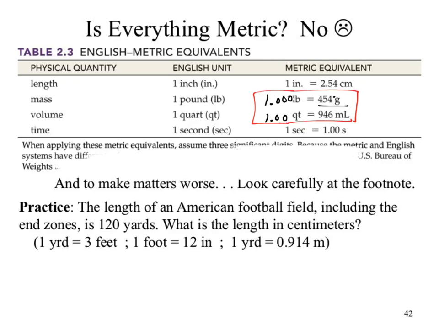The first 3 digits of it will be 454, right? But I need a new sig fig. What if I want 5 sig figs or 6 sig figs? I have to keep looking up new conversion factors. Why do I need new conversion factors? Well, if I want 5 sig figs and my conversion factor only has 3, what happens with my answer? It drops to 3.